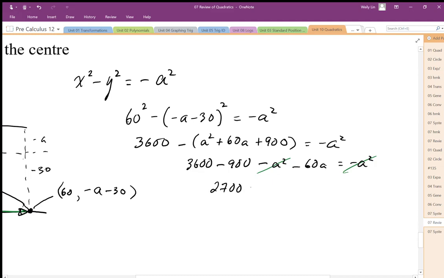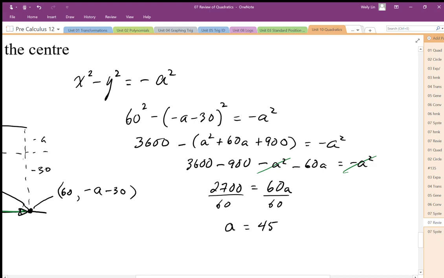So this linear equation is going to be 2700 is equal to 60a. I add 60a to both sides because I need that 60a on the other side. Divide by 60, divide by 60. The only thing I need to solve for in this problem was a. And so 2700 divided by 60 is going to be equal to 45.